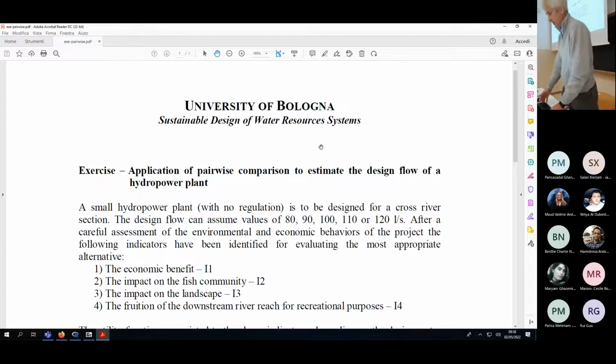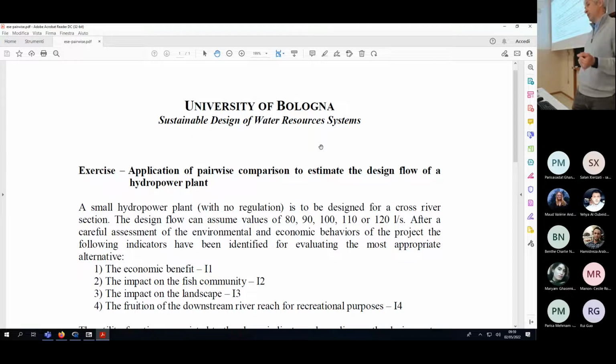It's a bit different from the example that I gave you during the lectures, where you had to choose between 3 different solutions: precise irrigation versus building a dam versus reducing the water losses. Here, again, the decision is to pick one design flow among 5 different alternatives.